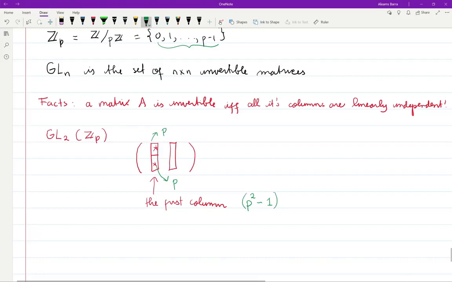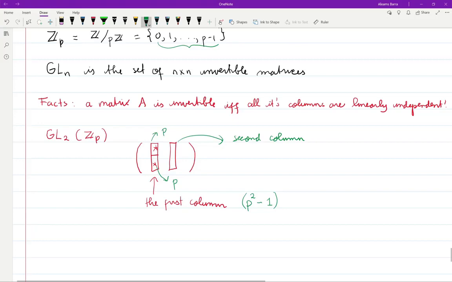Okay. How about the second column? So we need to think, how can we make sure that the second column is not linearly dependent upon the first column? The only way the second column is linearly dependent upon the first column is if the second column is a multiple of the first column.